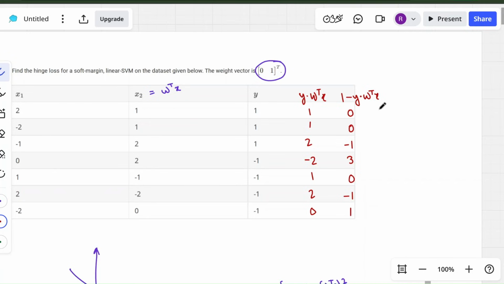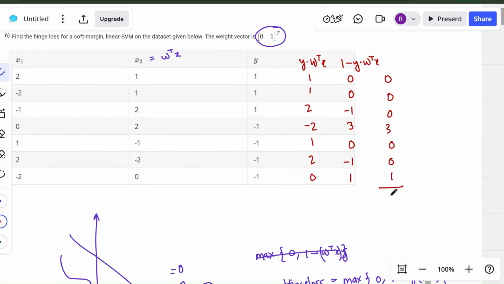So max of this with 0 will be 0, 0, 0, 3, 0, 0, 1. So the hinge loss would be 3 plus 1, 4, right? But I guess we'll have to take the average as well. There are 7 data points, so it will be 4 by 7 by taking the average, and it will be 4 without the average.